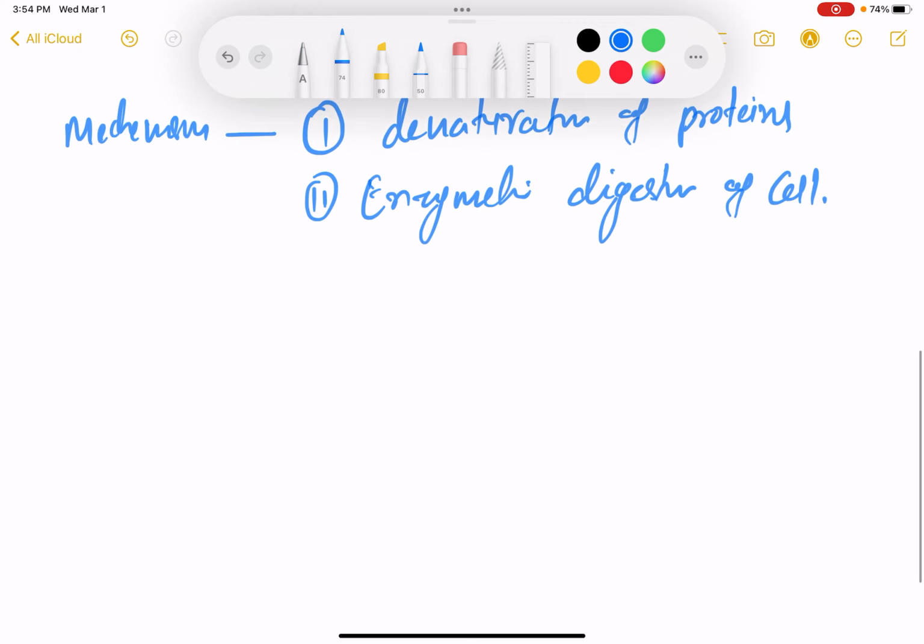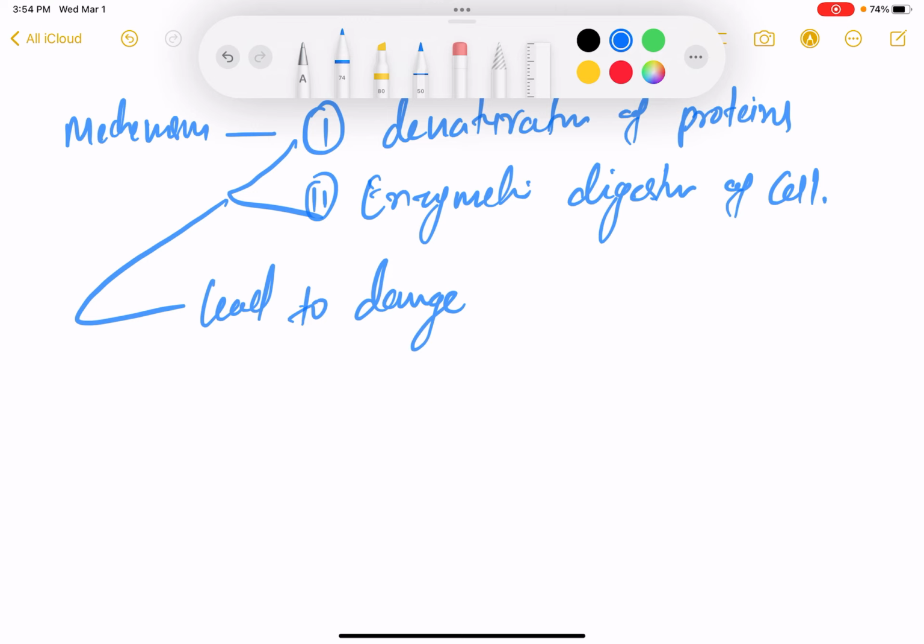Okay friends, both of these lead to damage of the plasma membrane.